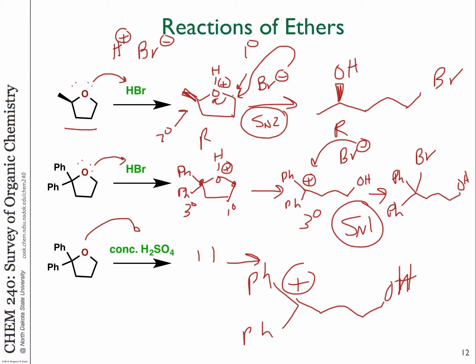What do you think would happen with that? They could reform the ring, yeah, that would just be an equilibrium back and forth. But what happens if you take off one of these hydrogens? That will be taken off to regenerate the acid catalyst.